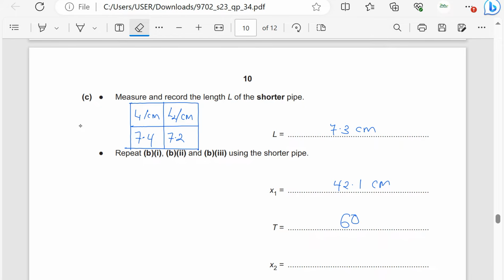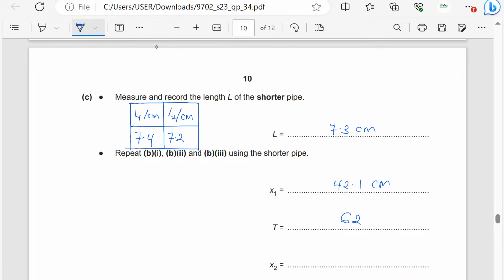So the temperature she used here was 62 degrees Celsius. So the temperature she recorded is 62 degrees Celsius because the thermometer measures to the nearest whole number.